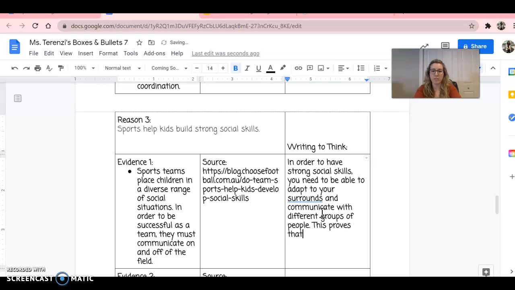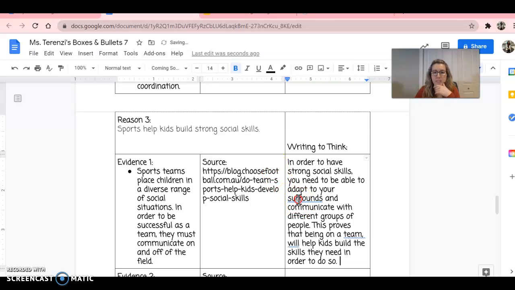This proves that being on a team will help kids build the skills they need in order to do so.